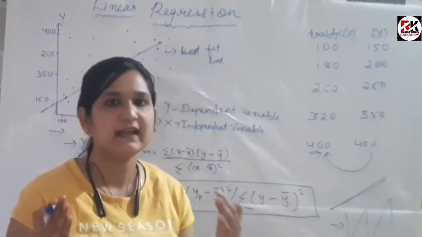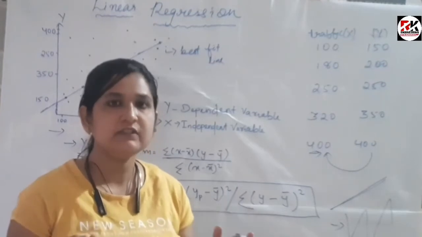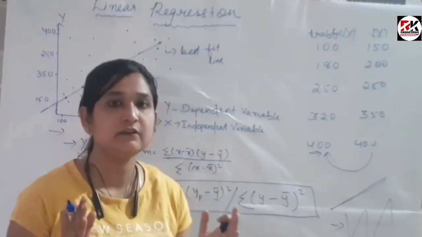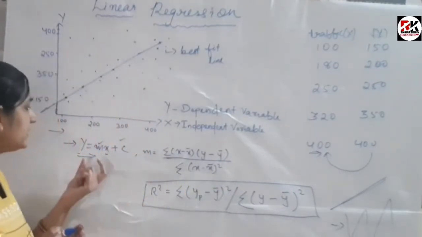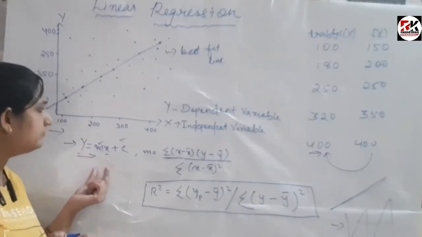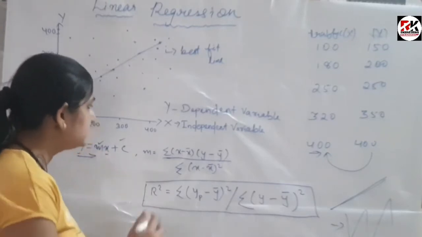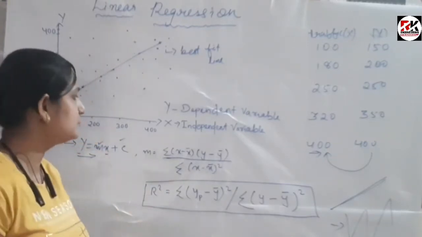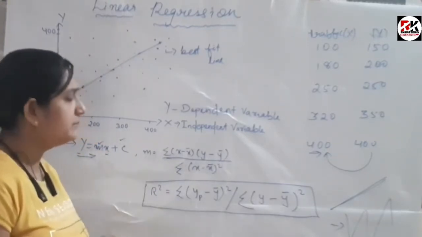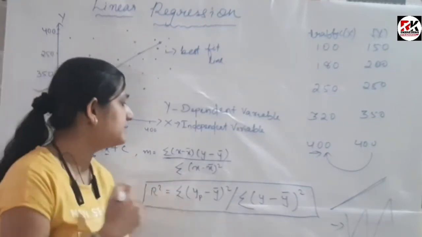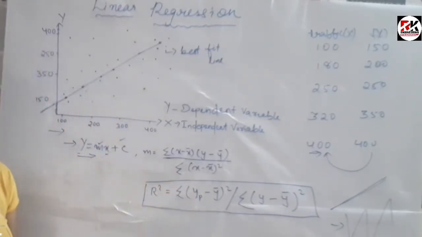c is your y intercept, where the line cuts the y axis. To calculate the m value, there is a formula: m is equal to summation of (x minus x bar) multiplied by (y minus y bar), divided by summation of (x minus x bar) whole square.